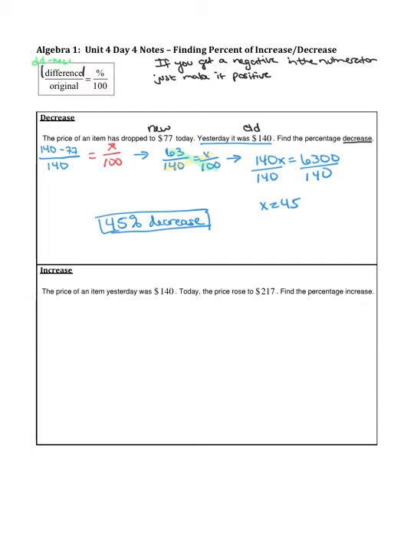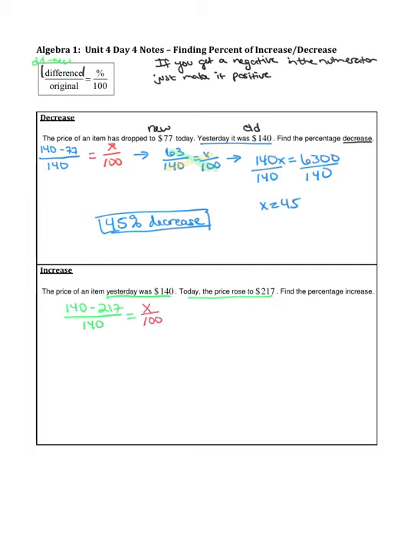The price of an item yesterday was $140. Today, the price rose to $217. Let me show you what I mean. Yesterday was 140. Today is 217. What's the original price? 140 equals x over 100.